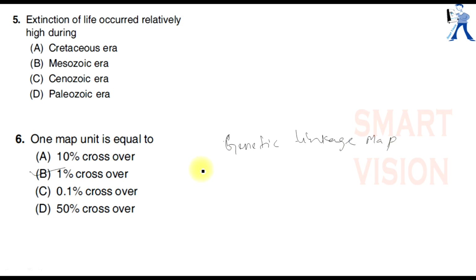Who found this? T.H. Morgan, that is Thomas Hunt Morgan. It was first successfully done on a very important organism, Drosophila melanogaster. What is a map unit here? Map unit is a scale used to measure the expression and the distance between genes on a chromosome.